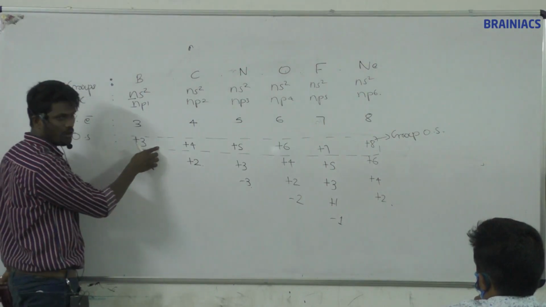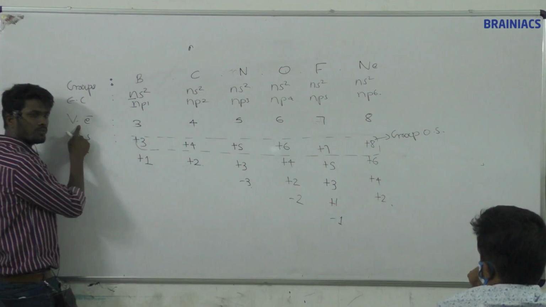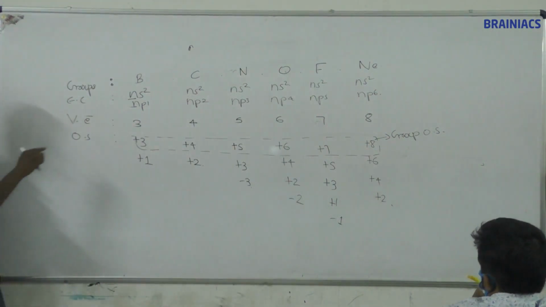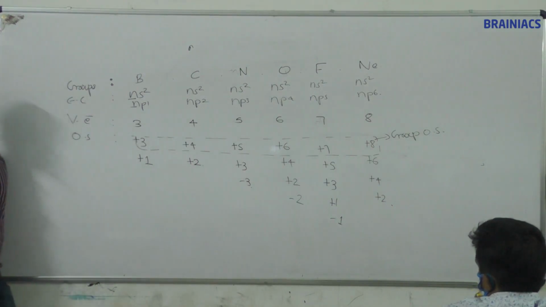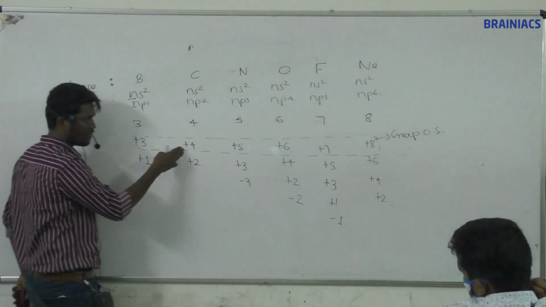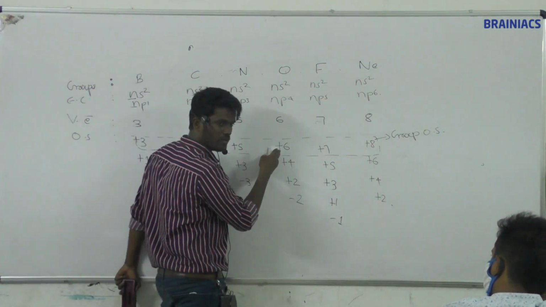The higher oxidation states that equal the valence. What do you mean by the plus 3 oxidation state? How many electrons are present in the valence shell? 3. So giving all these 3 electrons, giving all 4 electrons, giving all 5 electrons, giving all 6 electrons.